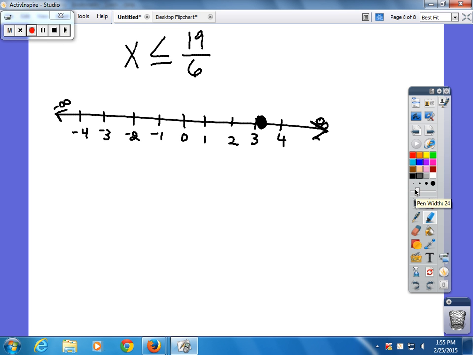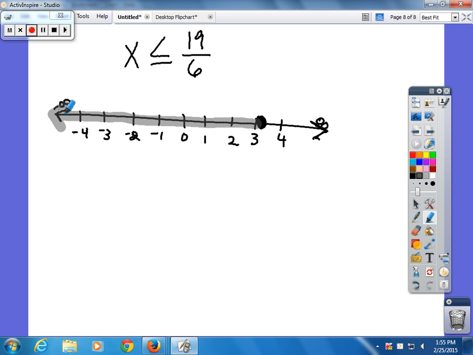What numbers are less than 3? Or 3.16 or 3.17 or 3.2? Everything to what? So there's all your numbers that work in that equation.